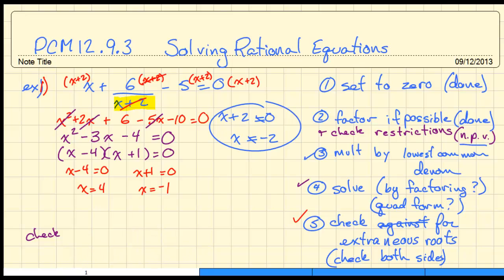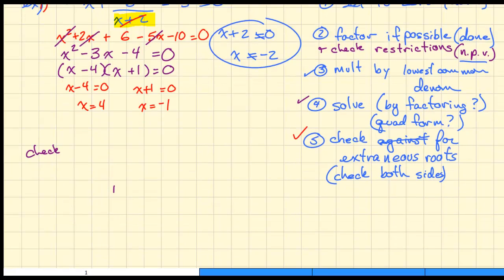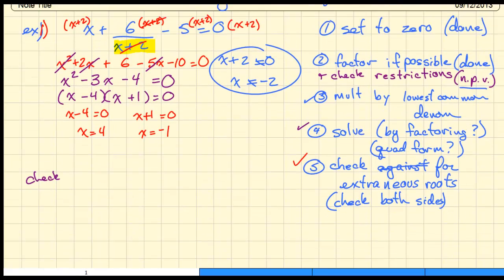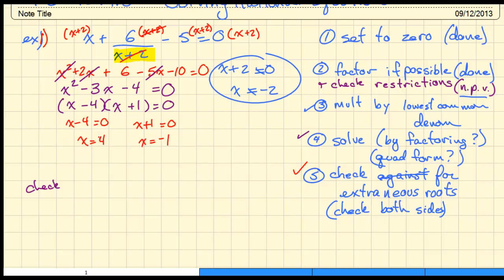I started that process before in class. We check our solutions by plugging in our values into both sides of the equation. So for x is 4, we get 4 plus 6 over 4 plus 2, that's 6 over 6, minus 5 equals 0. Well, 6 over 6 is 1, 4 plus 1 is 5, 5 minus 5 is 0.